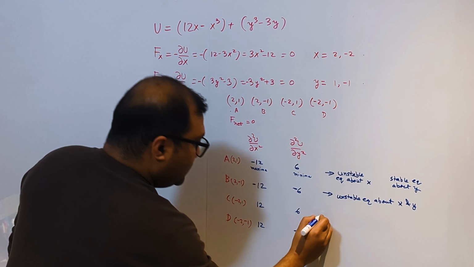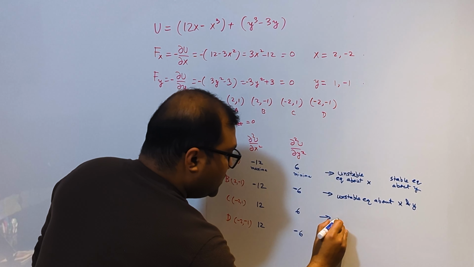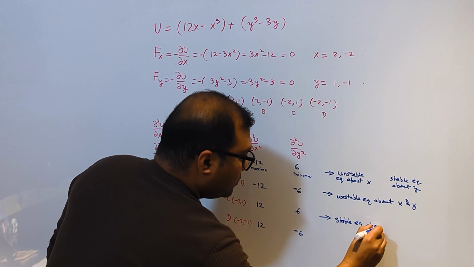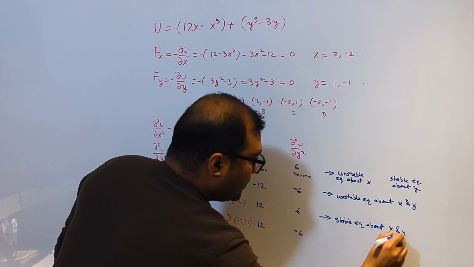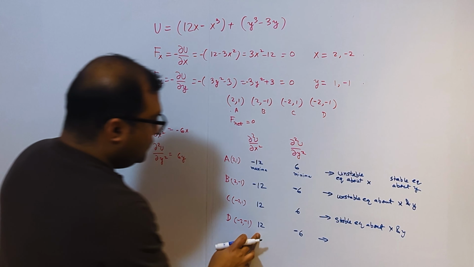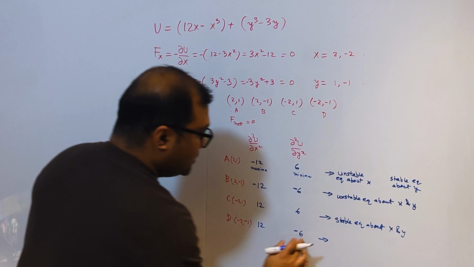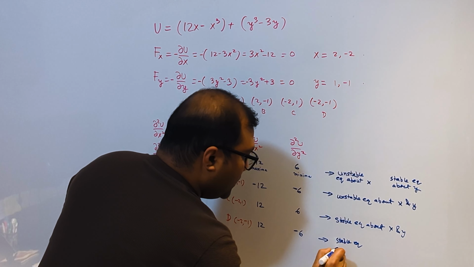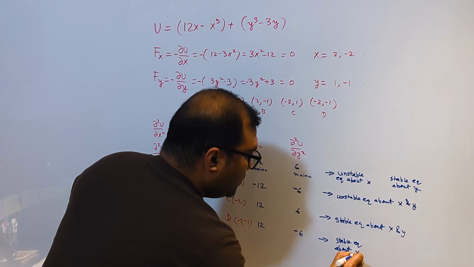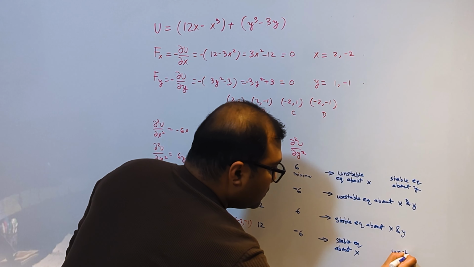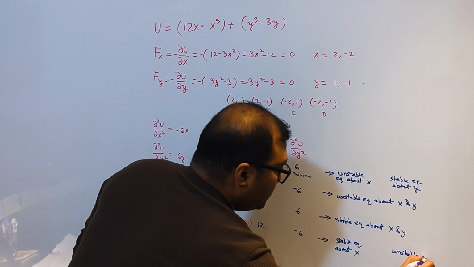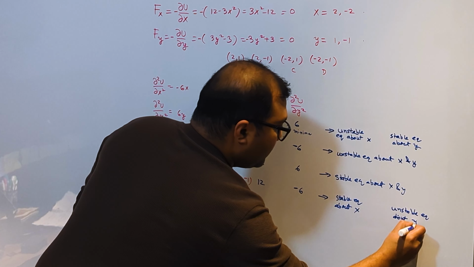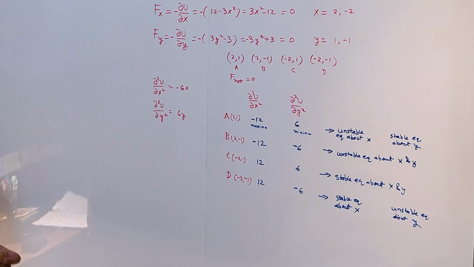Okay, here both are positive, so stable equilibrium about x and y. And this one is positive, so this is minima, this is maxima. So stable equilibrium about x and unstable equilibrium about y. So that is how we interpret this result.